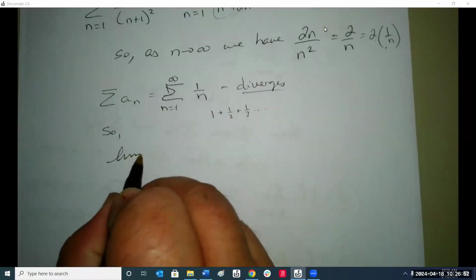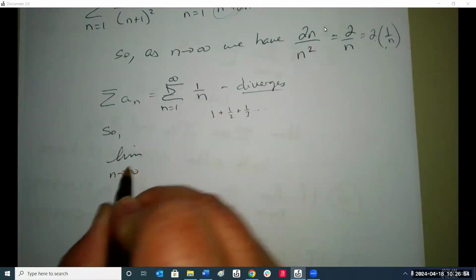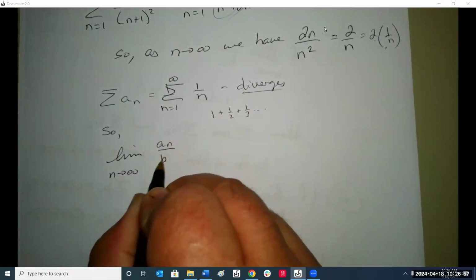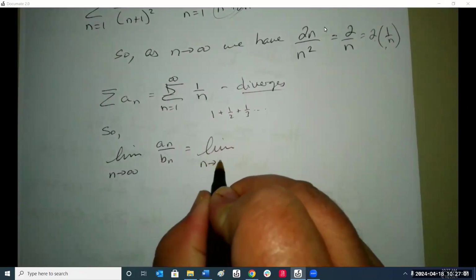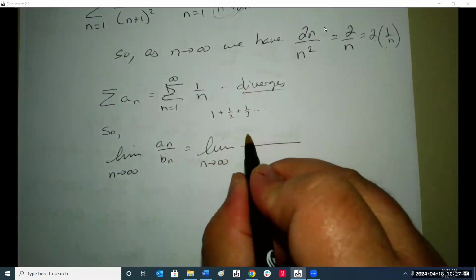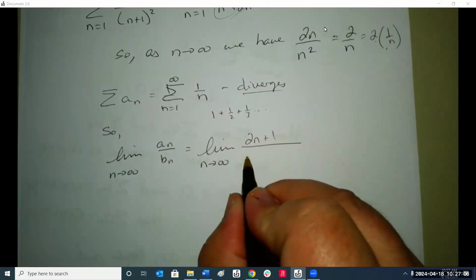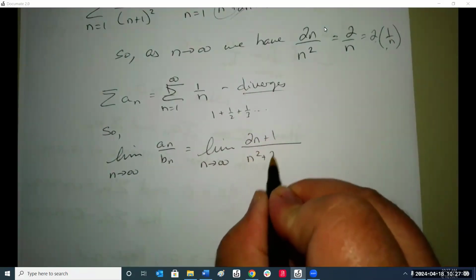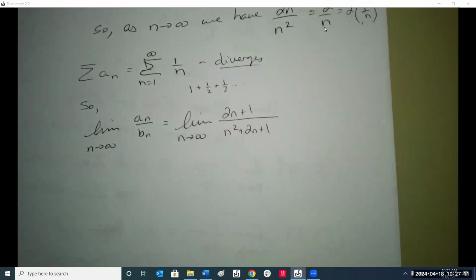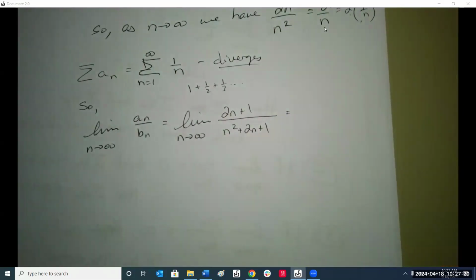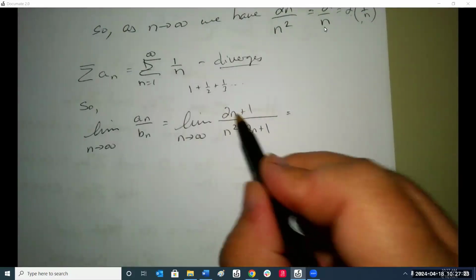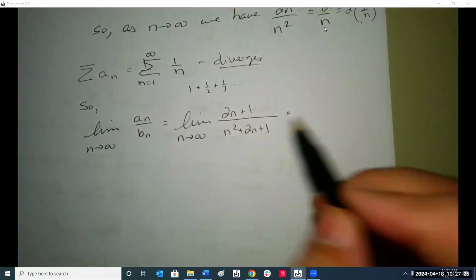So the limit as n goes to infinity of a sub n over b sub n. As n goes to infinity, that goes to infinity, and that goes to infinity faster.